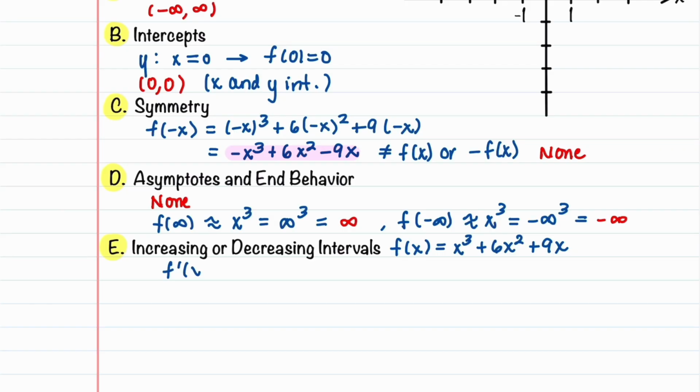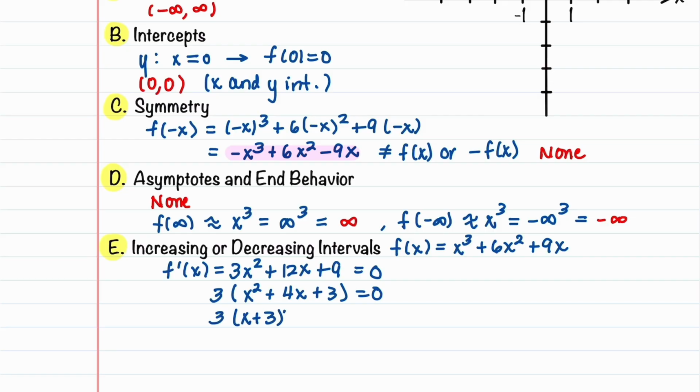So f prime of x is 3x squared plus 12x plus 9, and we are going to set that equal to 0. We can factor out a 3, and we have x squared plus 4x plus 3. And we can factor this as x plus 3 and x plus 1. This gives us the solutions x is minus 3 and x is minus 1.